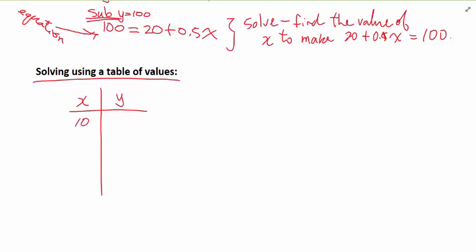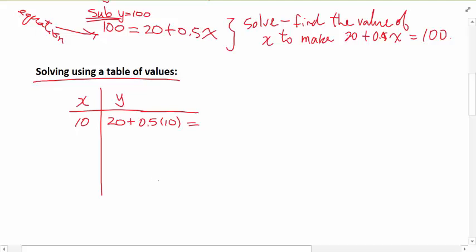Let's say 10. What do you get then? You get 20 plus 0.5 times 10. And what does that give me? 0.5 times 10. Move the decimal point over once, so you get 5. So 20 plus 5 is 25.